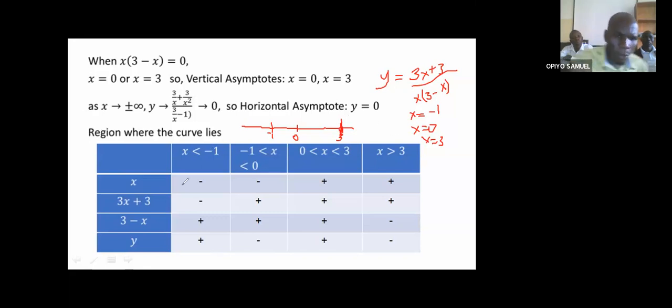Now we come to the curve. For the curve, we have x, that's why you have this x here. That is the first x, this one.